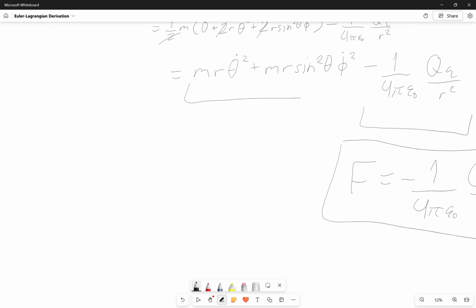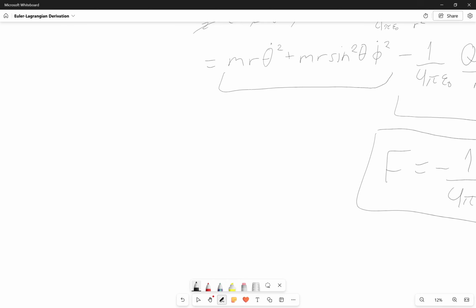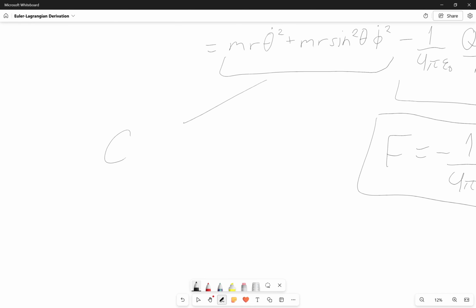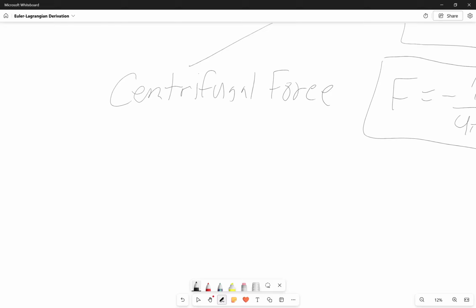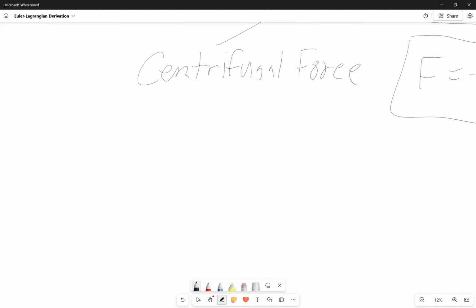However, you notice this value right here that represents the centrifugal force. Since I'm using spherical coordinates and we had 3 dimensions of freedom, it would be best represented in 2 dimensions instead of 3, as it'd be kind of complicated. But we have a rotation.